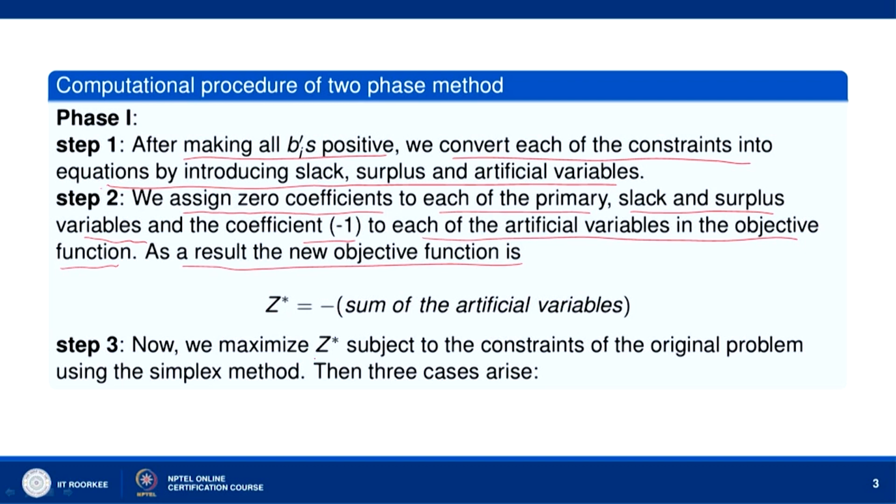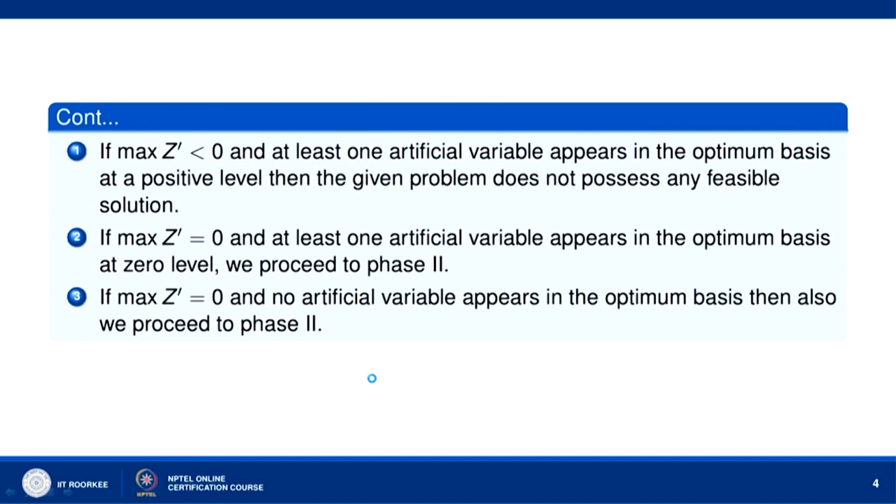Now, we maximize z star subject to the constraints of the original problem using the simplex method, and then we will have 3 cases. If maximum of z star is less than 0 and at least one artificial variable appears in the optimum basis at a positive level, then the given problem does not possess any feasible solution.